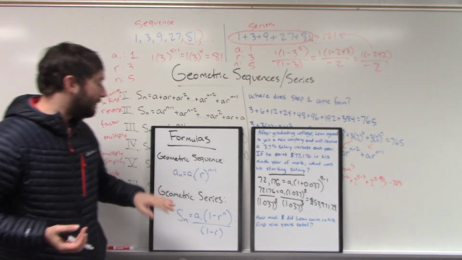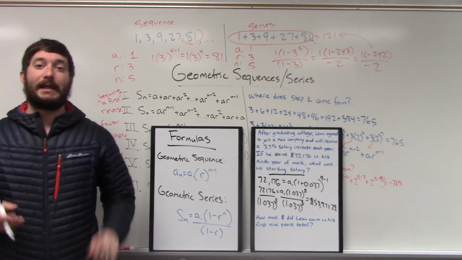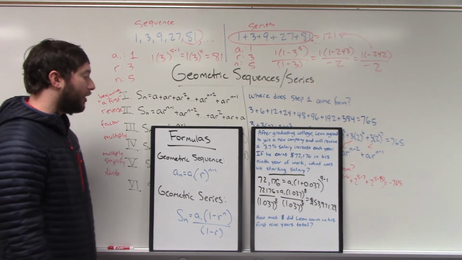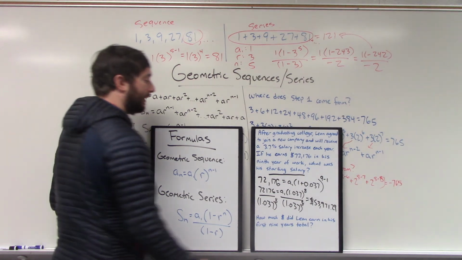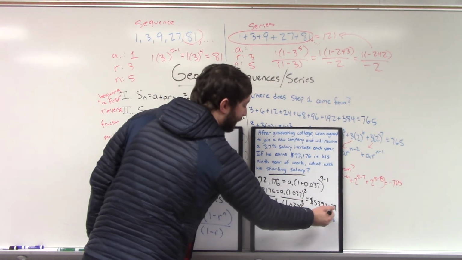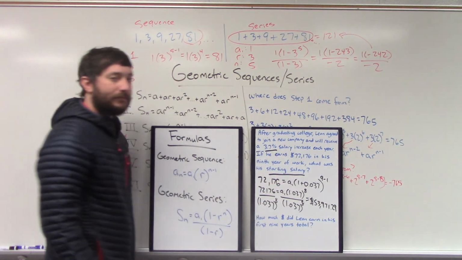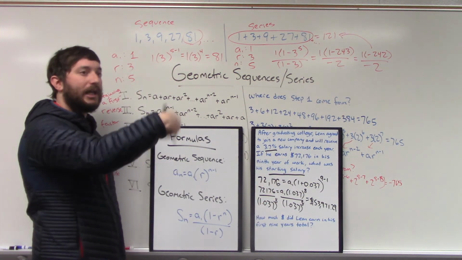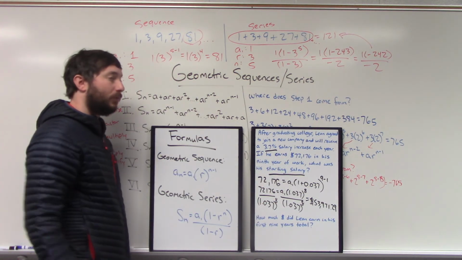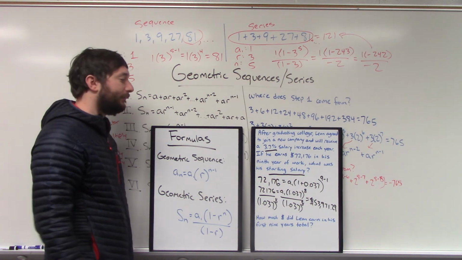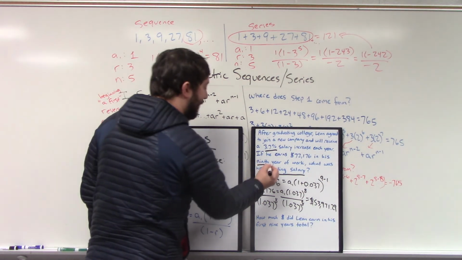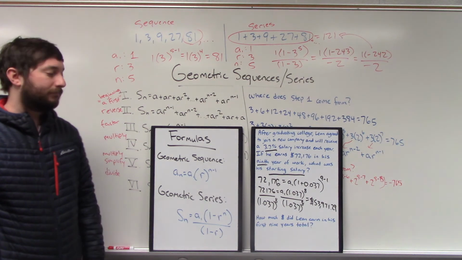That would be where we're using a geometric series problem. And because we know all the useful information, right? We know his starting salary now. We know the rate, the common ratio. We're multiplying by 3.7%, or 0.037, every year. And we're looking at n equals 9 yet again.